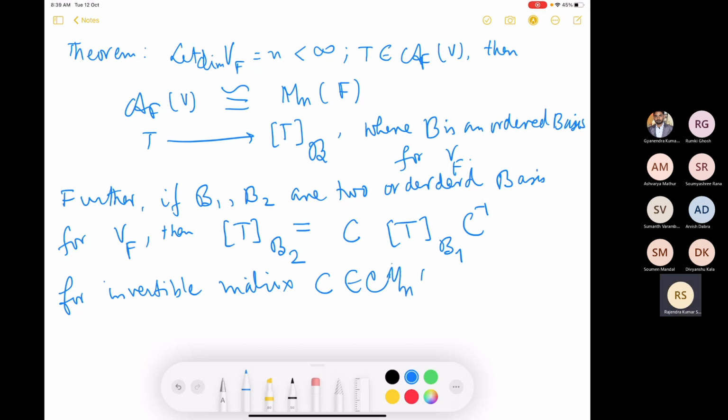So when we change the ordered basis, the relationship between the two matrices is as follows. We want to prove this.